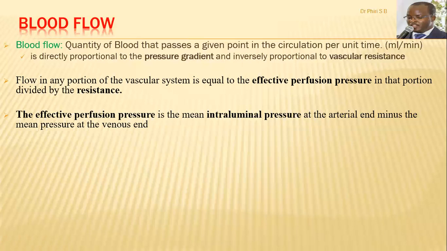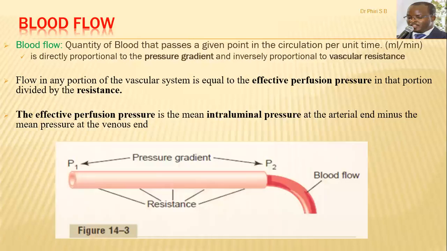The effective perfusion pressure is the mean intraluminal pressure at the arterial end minus the mean pressure at the venous end. So you're talking of two points, the arterial end and the venous end. If you subtract the venous end pressure from the arterial end pressure, it gives you the pressure difference I'm talking about. If you divide that by resistance, that gives you blood flow.